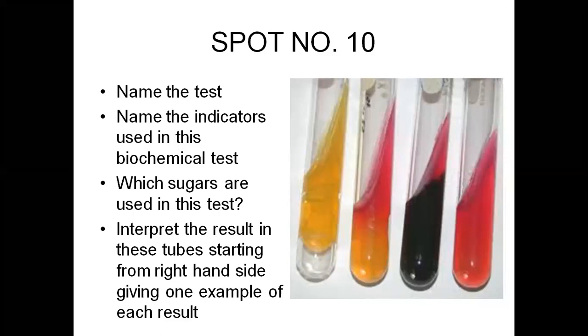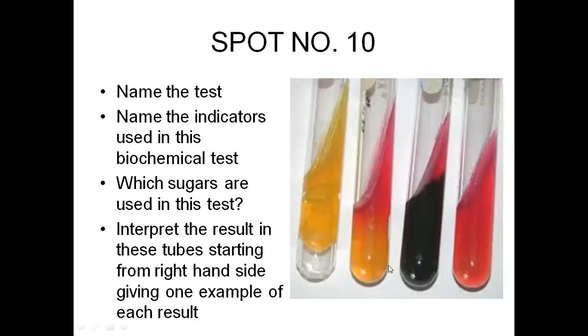Phenol red is going to turn yellow, but because the byproducts are not enough to maintain that acidic environment, the slant is going to turn pink because of the presence of oxygen.